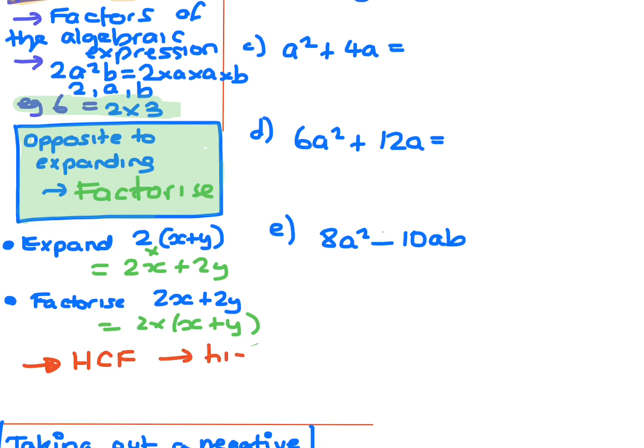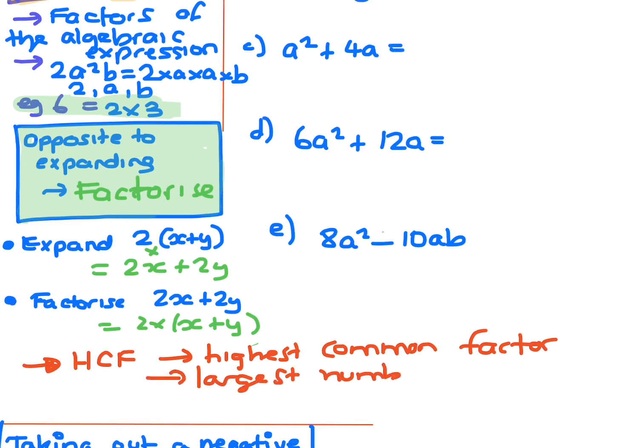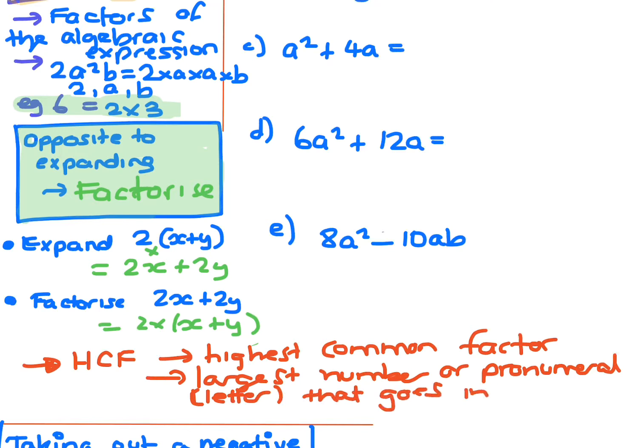That's called the highest common factor, and it is the largest number or letter, which is just the pronumeral, because the pronumeral is just the letter, pro meaning to represent, that goes into each term.